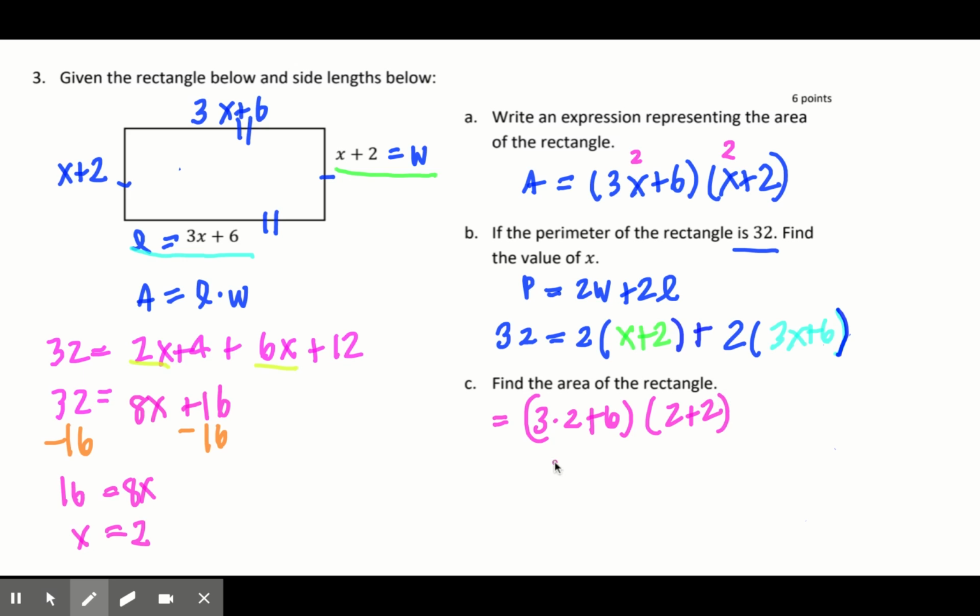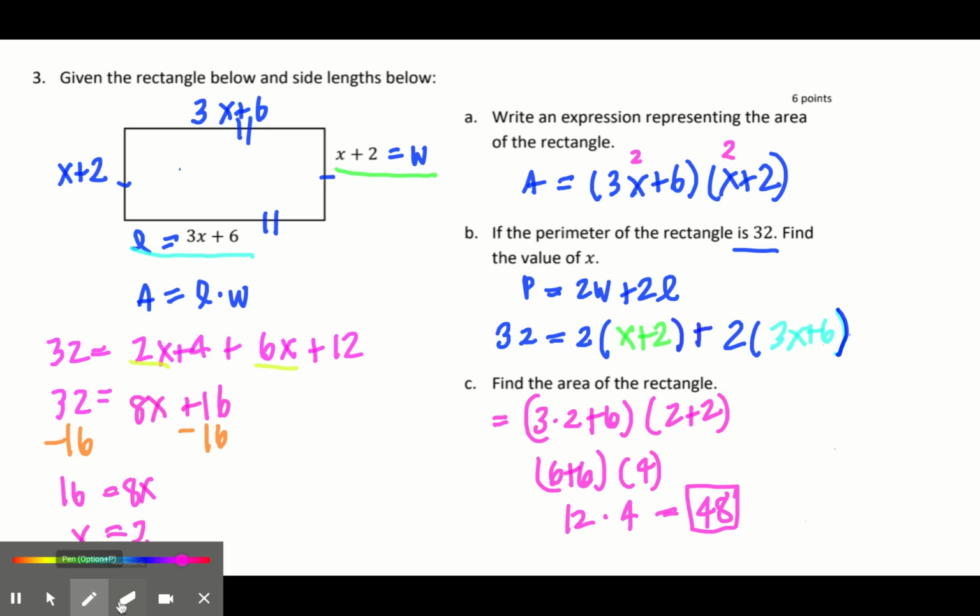So that's 6 plus 6 times 4. So that's 12 times 4. So that's 48. Oh yeah, and then this is the answer for B.